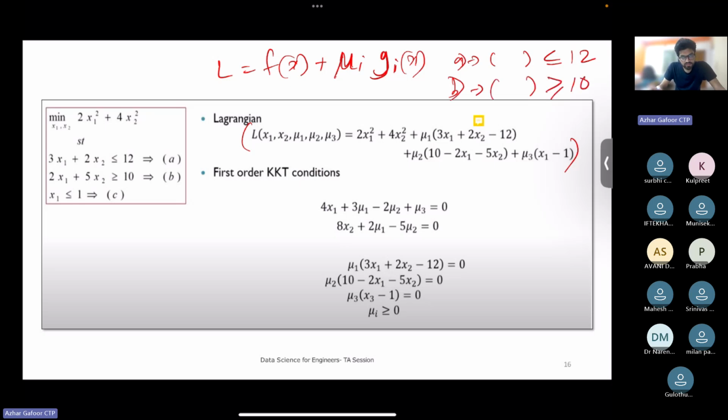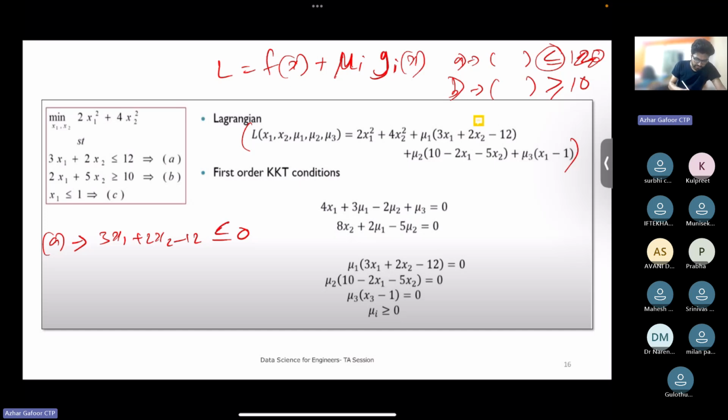So we will convert everything into the same form. Let's say we convert everything into less than or equal to 0 form. How can we convert the A equation? The A equation will be 3x1 + 2x2 - 12 <= 0.